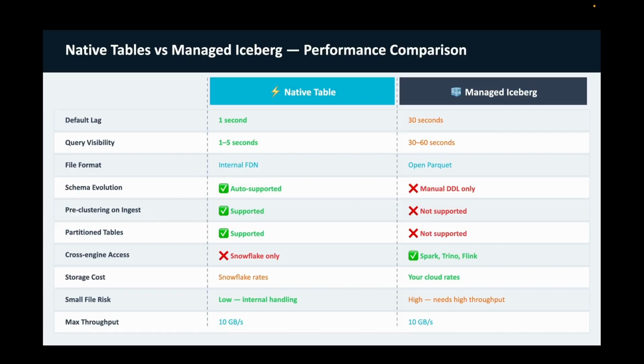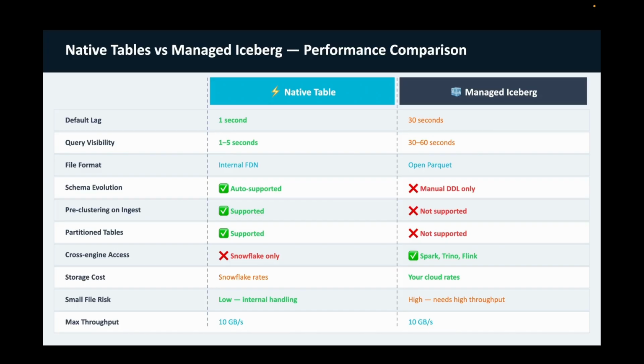I want to compare native tables versus managed Iceberg tables and their performance. Let us explore lag, query visibility, file format, schema evolution, pre-clustering on ingestion, partition tables, cross-engine access, storage cost, small file risk, and max throughput.